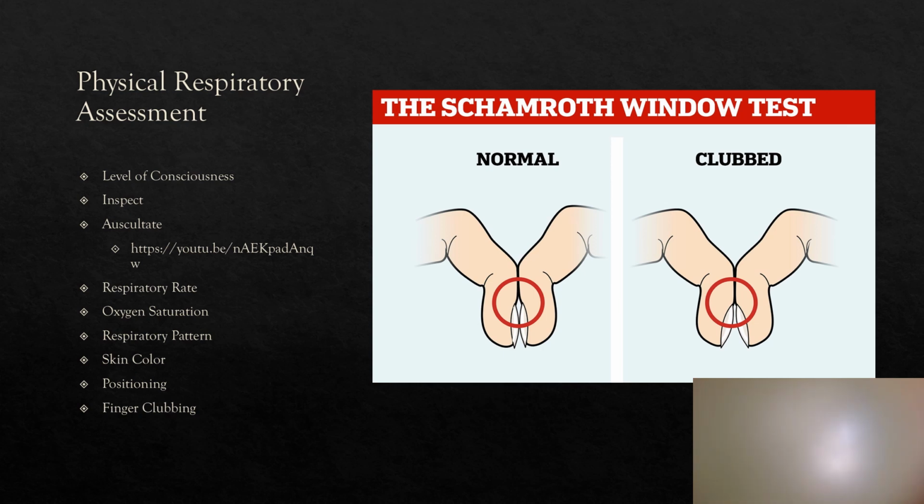However, if it's above 90, we definitely look at the rest of the picture to determine if it would be acceptable or not. Again, we prefer it to be over 94%. We consider that to be normal. However, in some cases, we will be okay with a slightly lower reading between 90 and 93%.